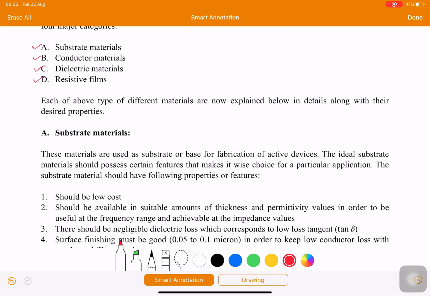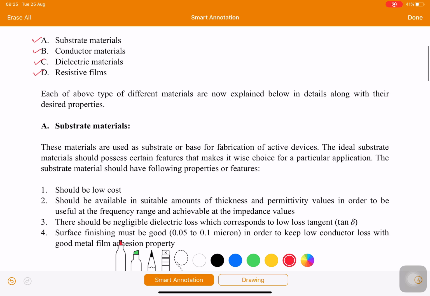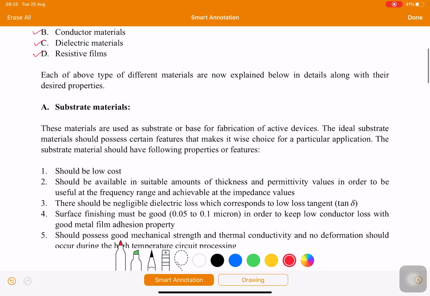Now the resistive films are going to provide us the values of different types of resistances, and these resistive films can even be utilized to fabricate the attenuator circuit over the integrated circuit, right? So each of these different types of material, now we are going to explain with their desired properties.